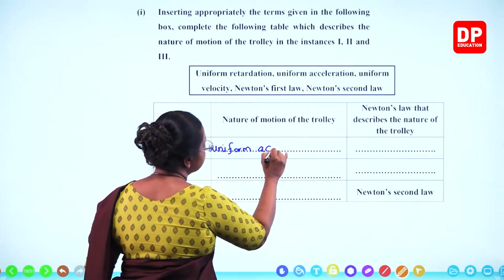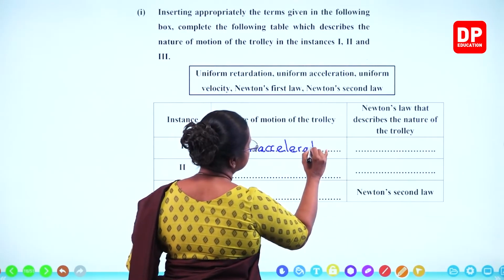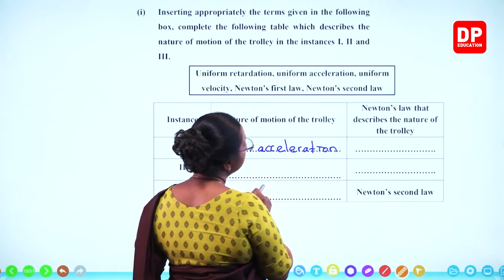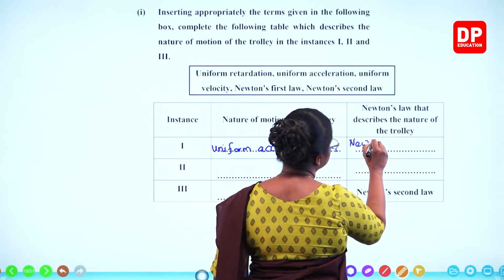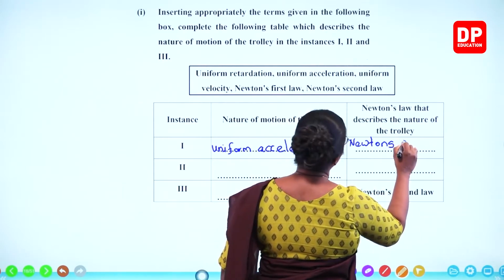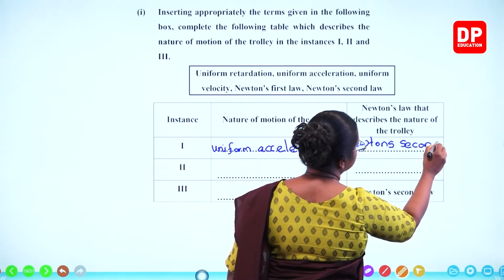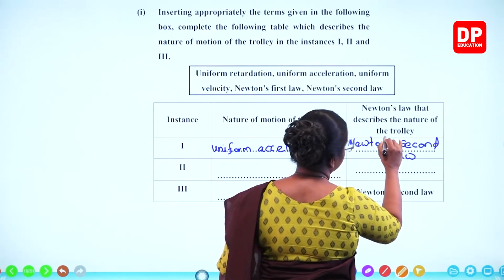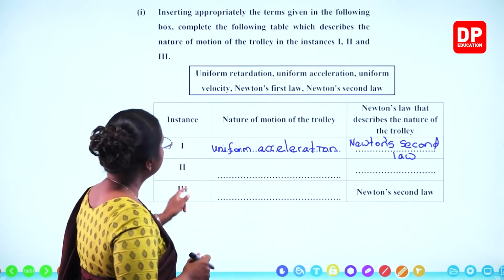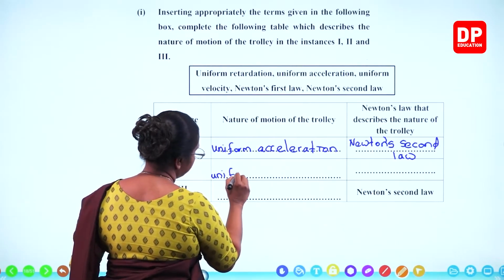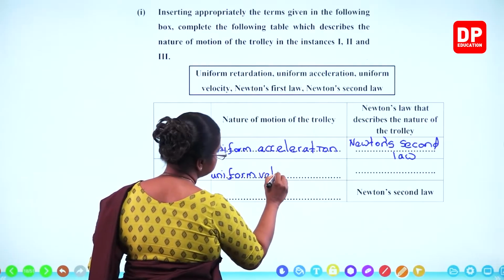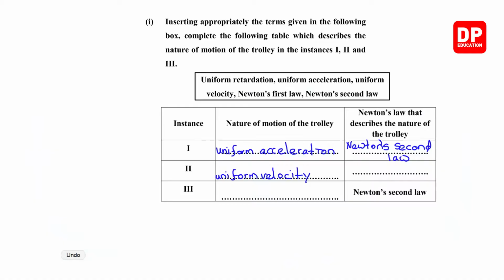Then Newton's law, Newton's second law. Then instance 2, uniform velocity. So here this is Newton's first law.